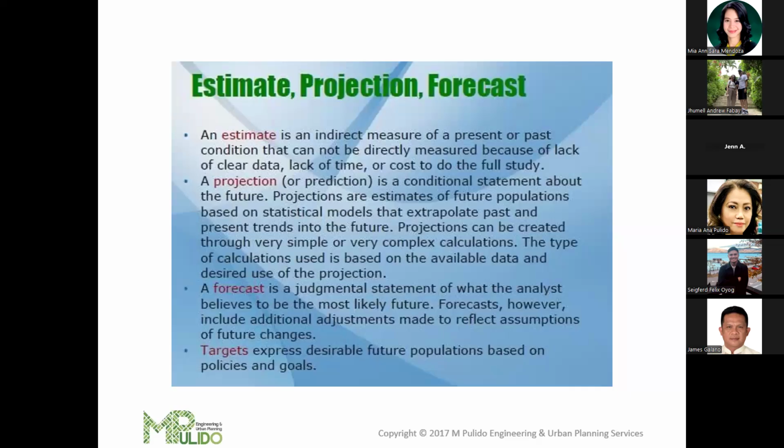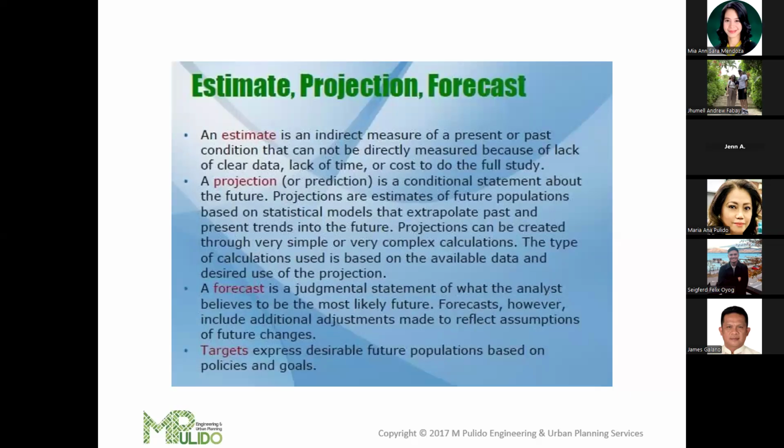So future forecast, however, include additional adjustments made to reflect assumptions of future changes, while targets express desirable future populations based on policies and goals. So you don't need to memorize, you just get the keywords there.